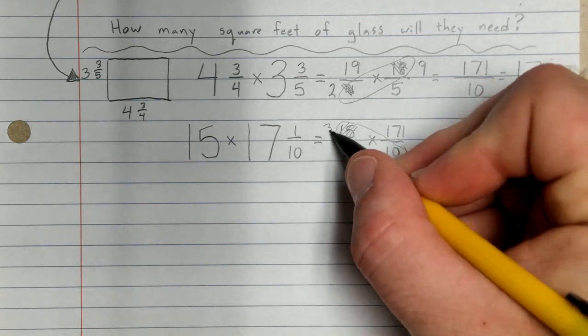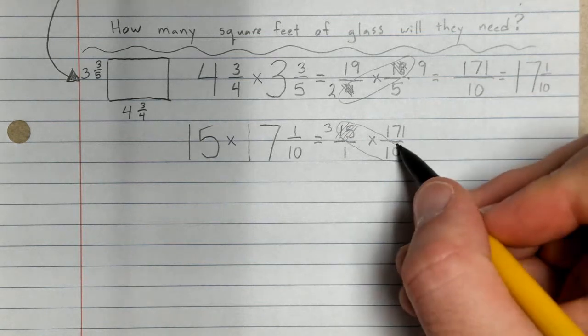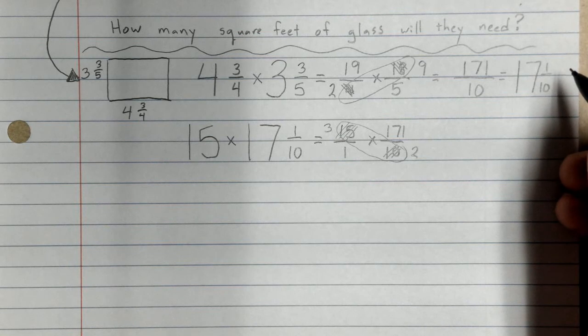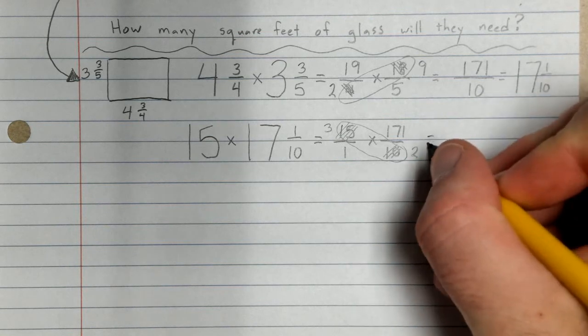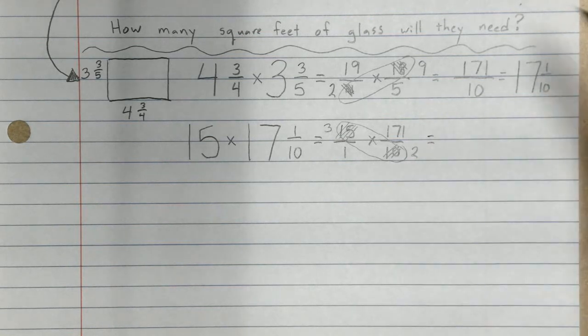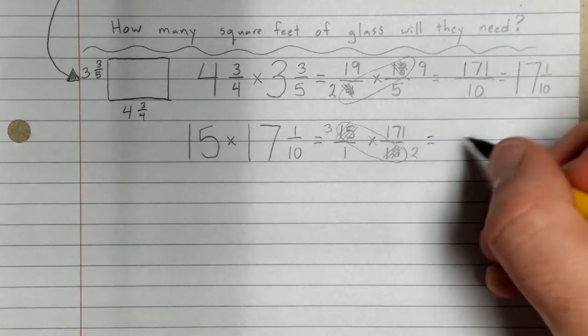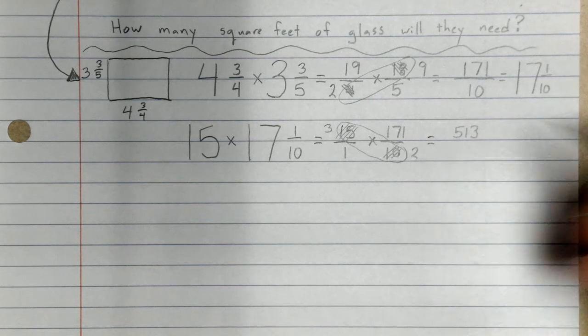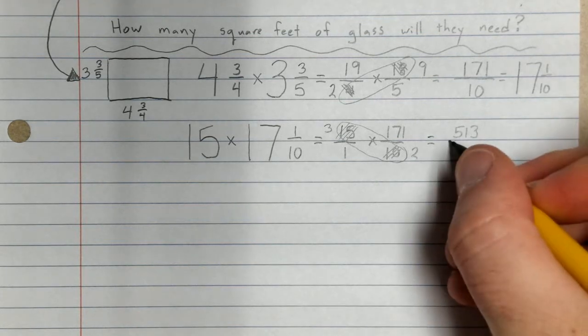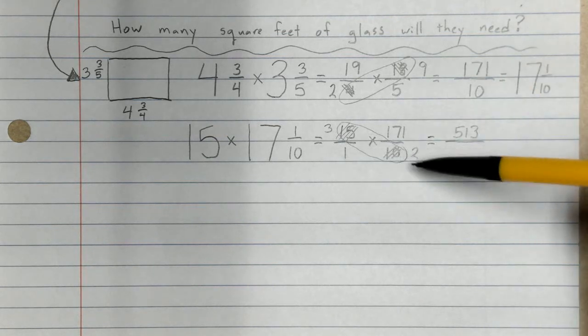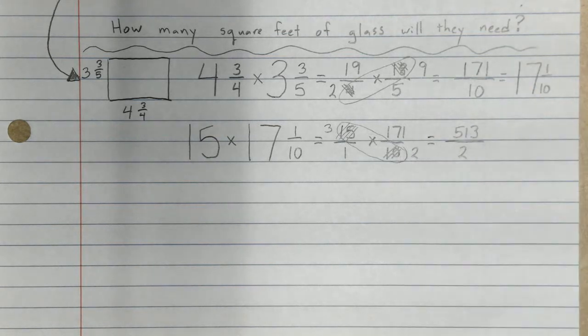Divide by 5, and you get 3. 10 divided by 5 gives you 2. And when you multiply this monstrosity, 3 times 171 gives you 513. And then again, the denominator feels bad for us and makes it easy. 1 times 2 is 2.